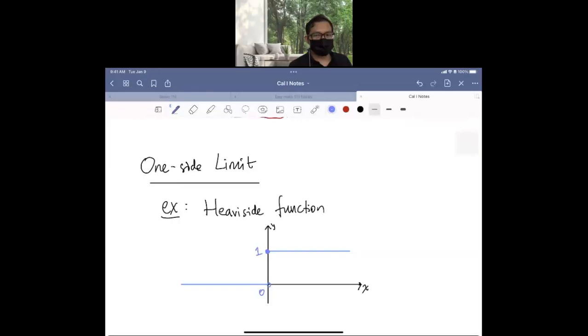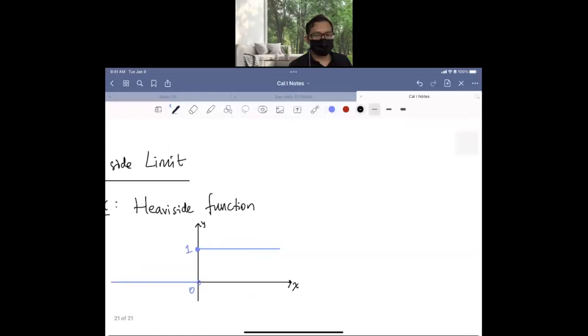So this is to say that the function H(t) is defined as a piecewise function of 0 and 1, with 0 as its restriction.